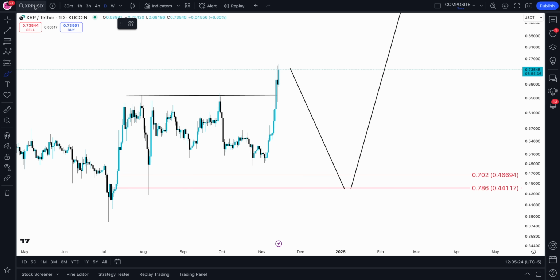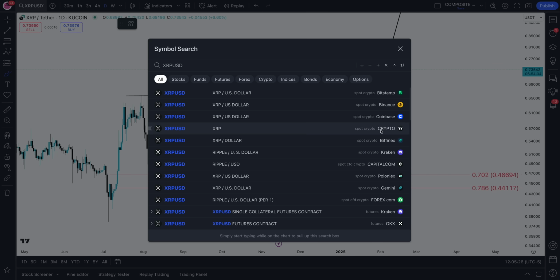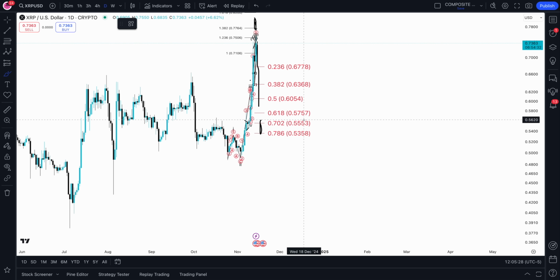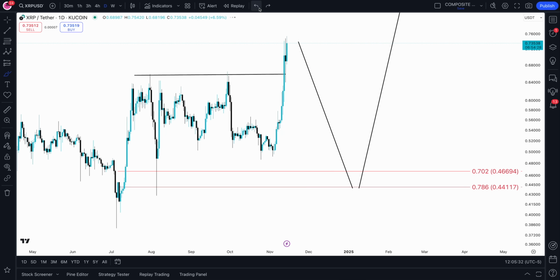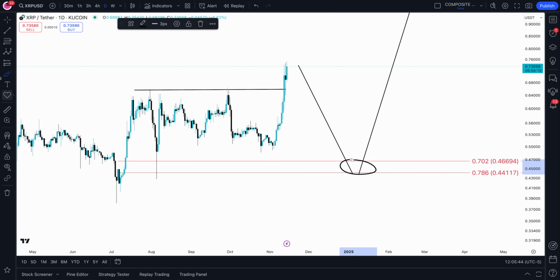But remember, if XRP goes below this level right here, 0.5358, then XRP would come down to this region here at 0.46694 and 0.44117. And then we would see fireworks from there, right?